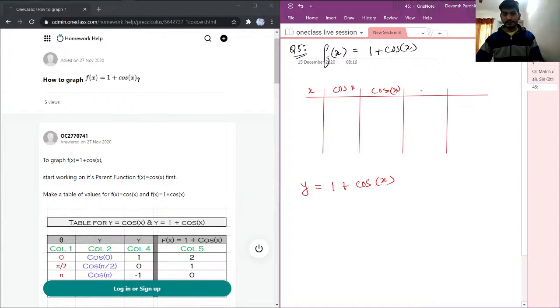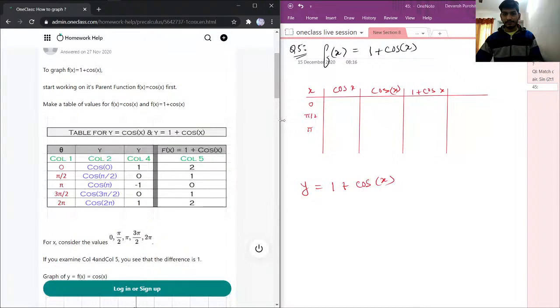And then we'll go for 0, pi over 2, then pi, then 3 pi over 2, then 2 pi.